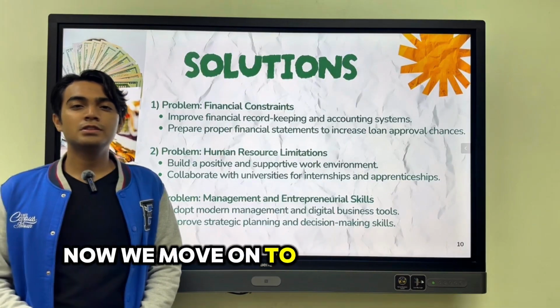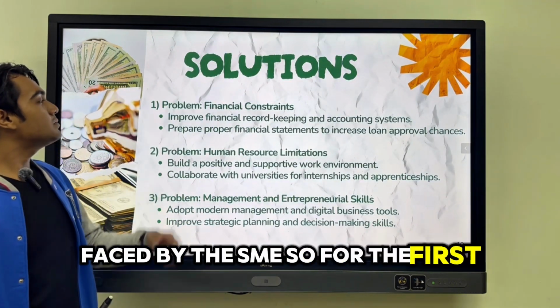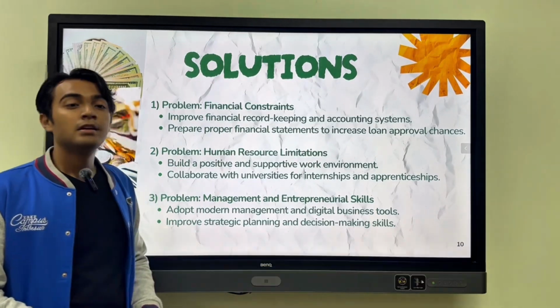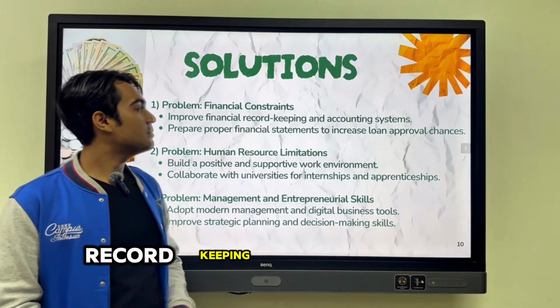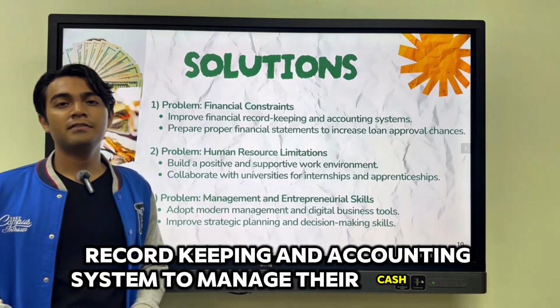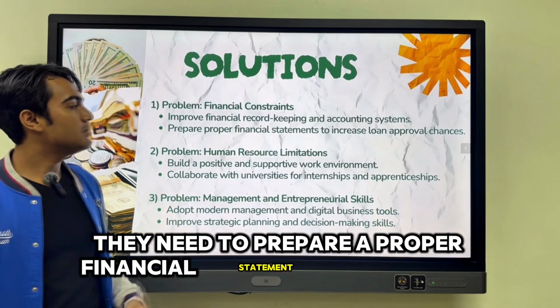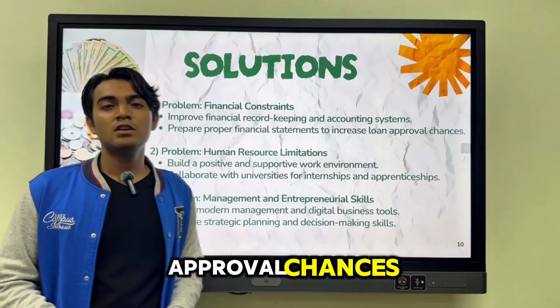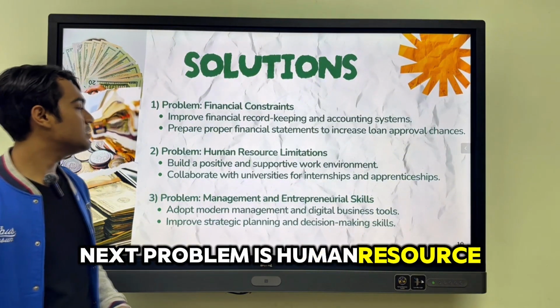Okay, now we move on to the solutions to the problems faced by SMEs. The first problem is financial constraints. To overcome this, the company needs to improve financial record keeping and accounting systems to manage their cash flow. Next, they need to prepare a proper financial statement to increase loan approval chances from financial institutions. The next problem is human resource limitation.